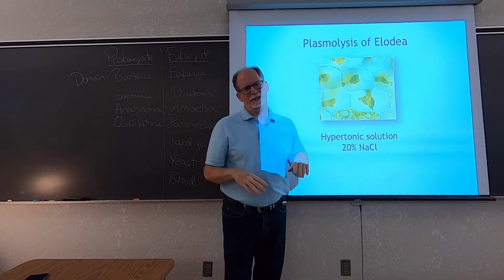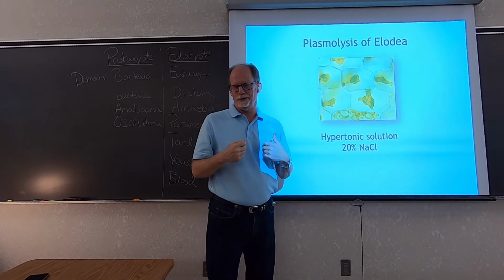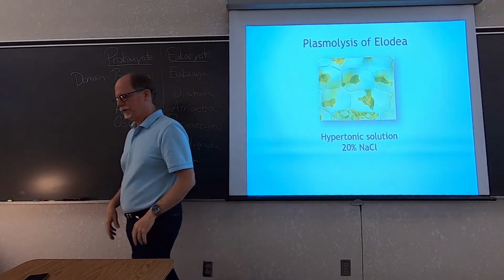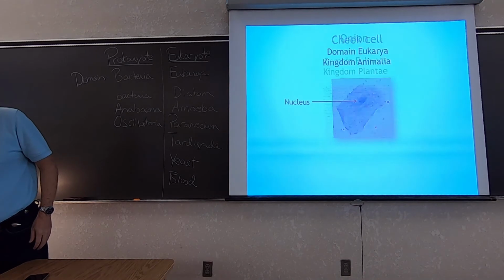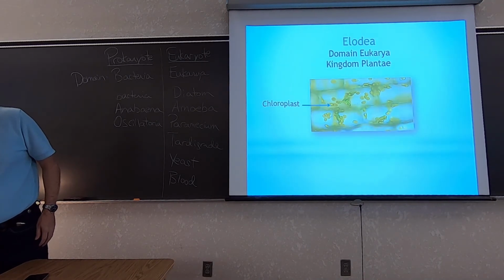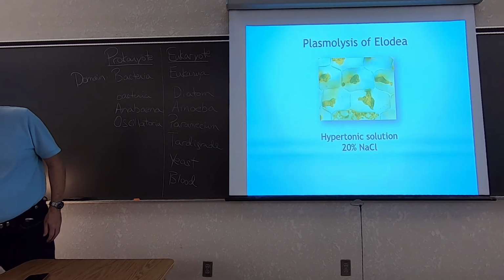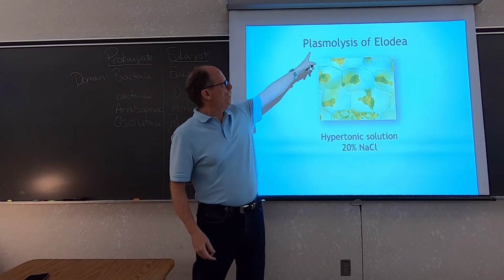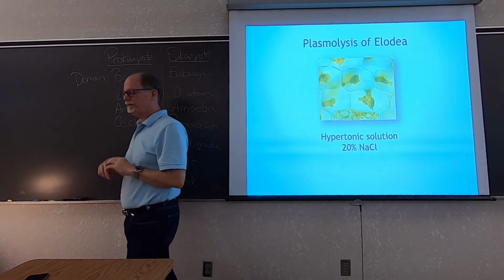And if we did this in lab, we'd add the hypertonic solution, and we'd slowly watch this occur. It takes 2 or 3 minutes to go from this look where they're all spread out to where they are concentrated. That's referred to as plasmolysis in the plant cell.